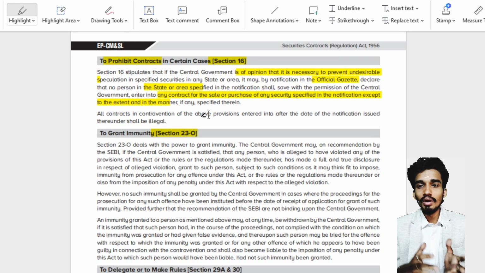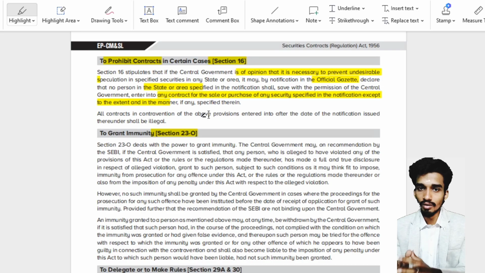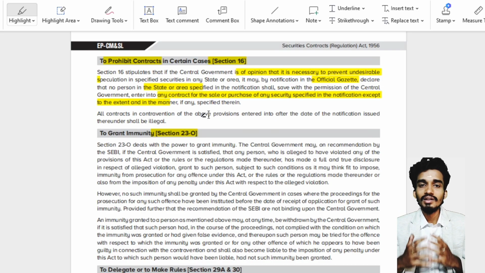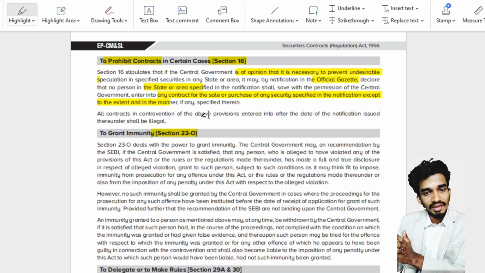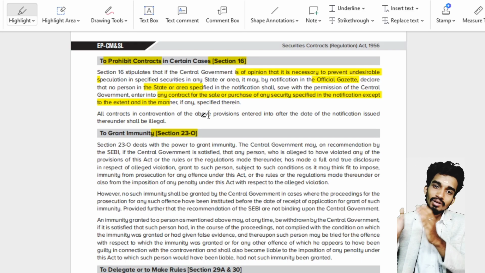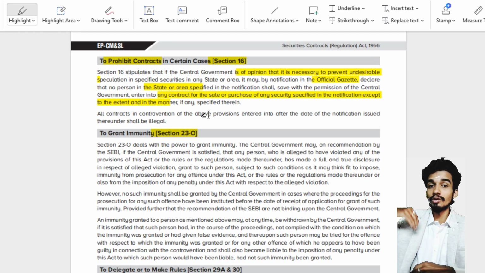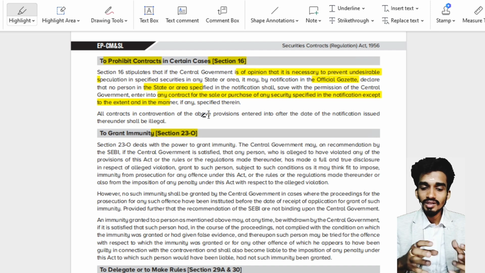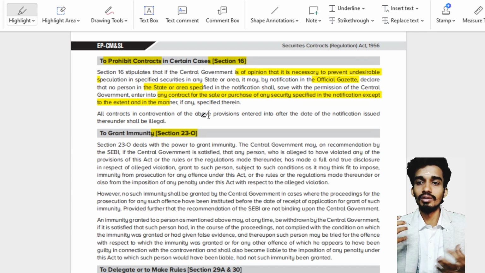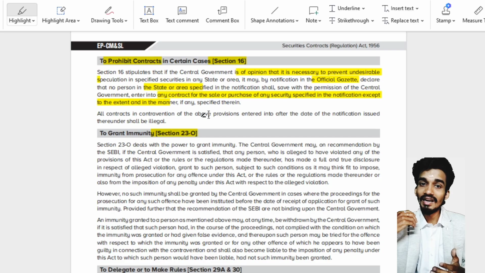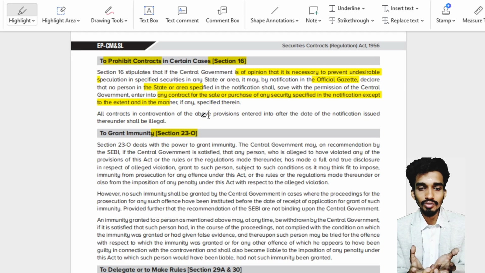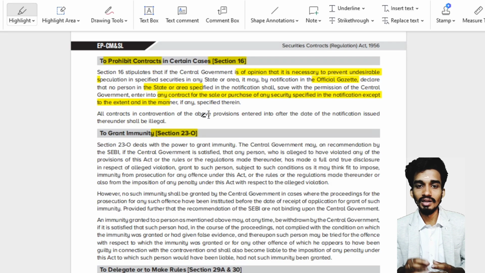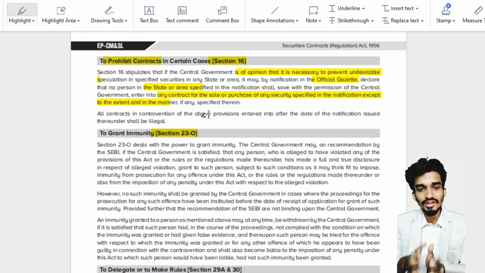If you both are doing something wrong, but you yourself have come forward and stated that yes, I had done something wrong, and this other person has also done wrong, or has the probability of doing wrong in the near future, with adequate proof, if such a person is conveying such important information, the central government can grant immunity, that is your protection, and can reduce the legal action of such person who is conveying such information.